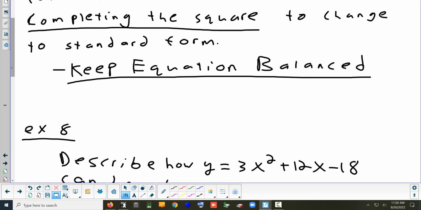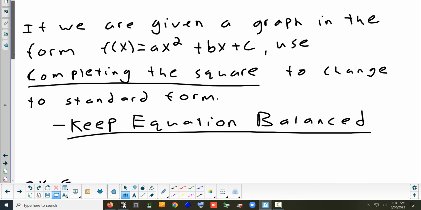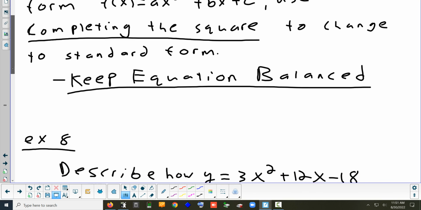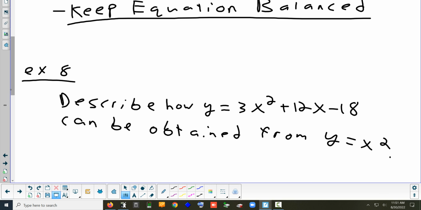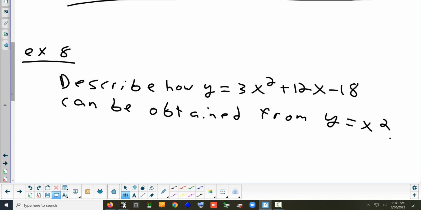So if it's given in that form, you have to use completing the square? Yep. If you're given something in that format, you have to fix it. Okay, so there's a few steps you have to follow to get something in that format. The first thing you always want to do is put the constant on the other side.